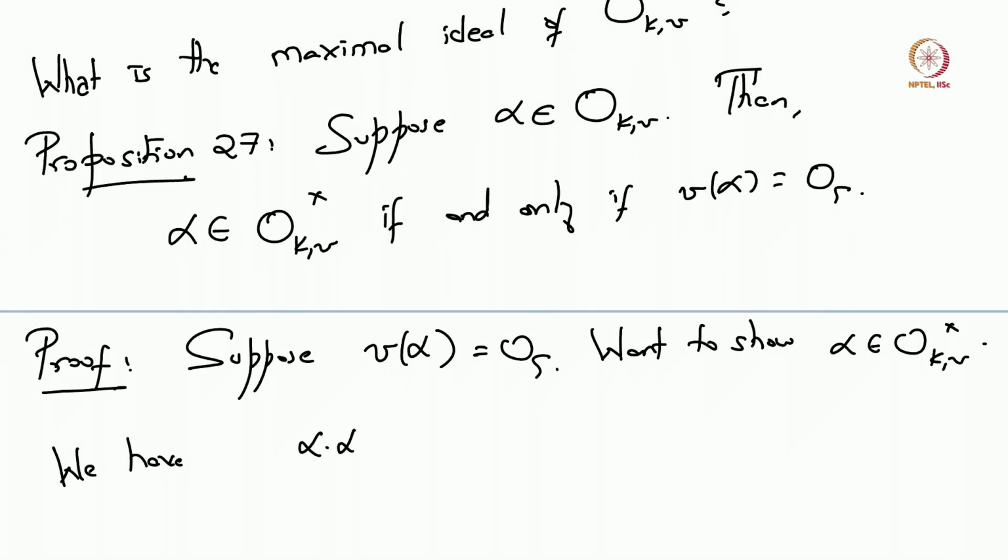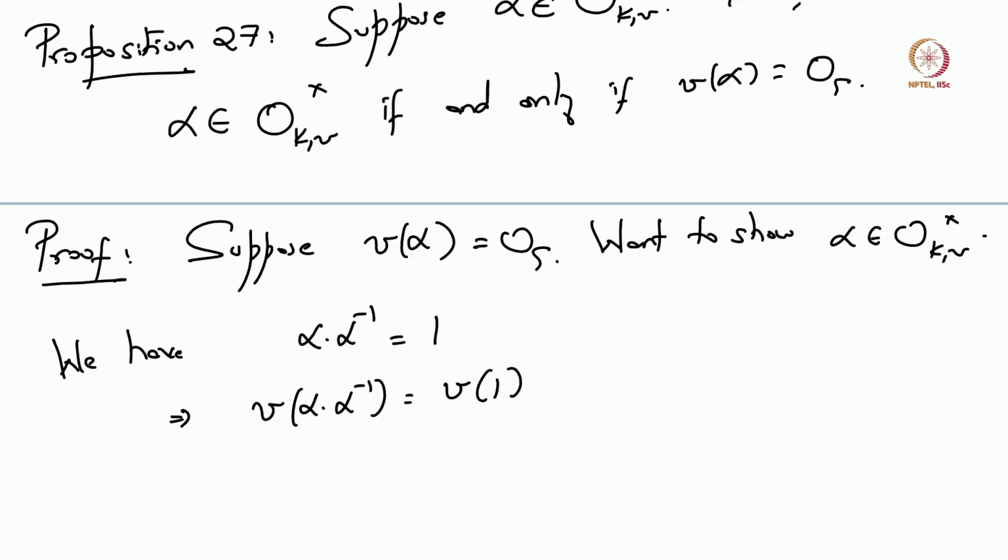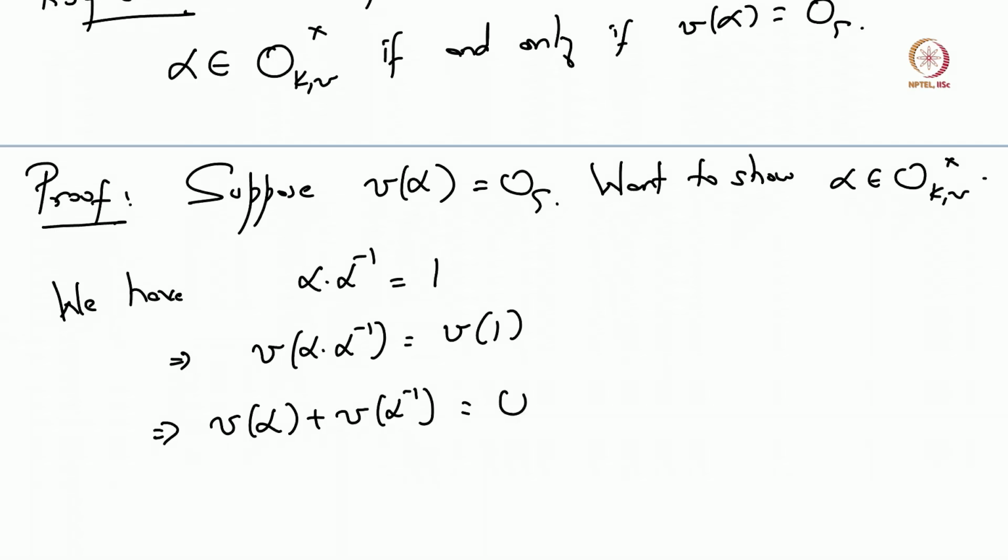Well, alpha times alpha inverse equals 1. And so if you just take valuation on both sides, you get the valuation of alpha times alpha inverse is the valuation of 1. But by using properties of valuations, the valuation of the product is nothing but the sum of the valuations. And we've also seen that the valuation of 1 is the identity element of gamma. Now we already have that the valuation of alpha by assumption is the identity element of gamma.